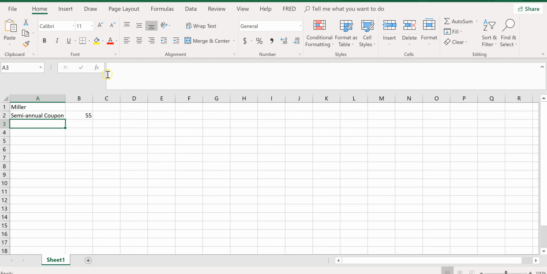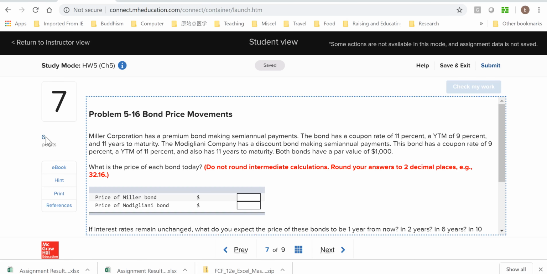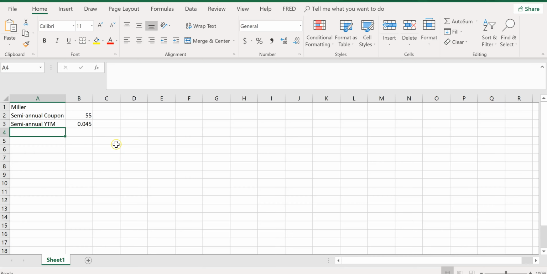That gives us the semi-annual YTM, which equals 0.09 divided by 2. And the years to maturity is 11 years for Miller. Again, we have to work with the number of semi-annual periods, which is 11 multiplied by 2, 22. Par value for both is 1,000.